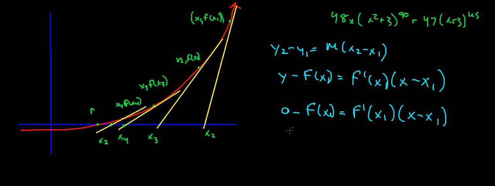So I'm going to rearrange this. I'm going to divide out by f prime. So minus x. And then I'm going to add x to the other side. So this is Newton's formula.